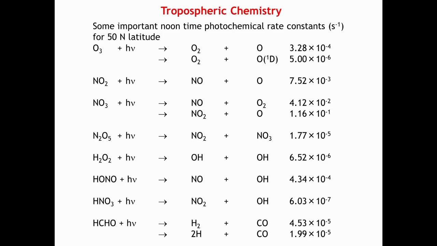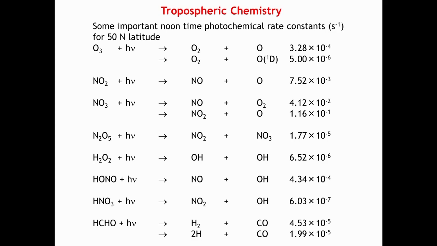So what's the most important oxidant in the troposphere? Do we know? OH is formed from ozone plus a photon, and of course it goes through O singlet D plus water vapour, yielding OH.